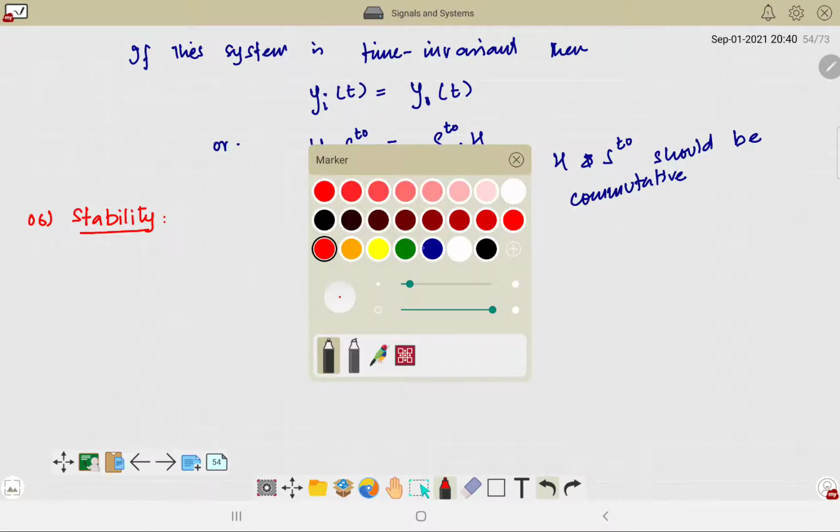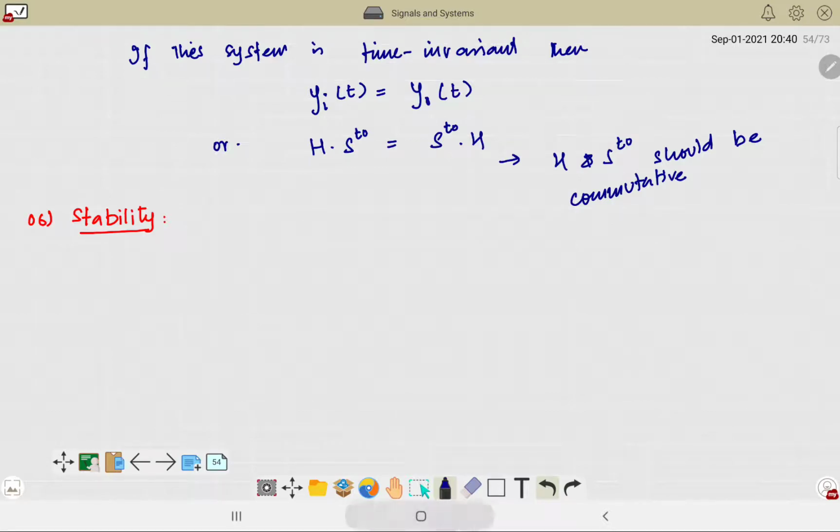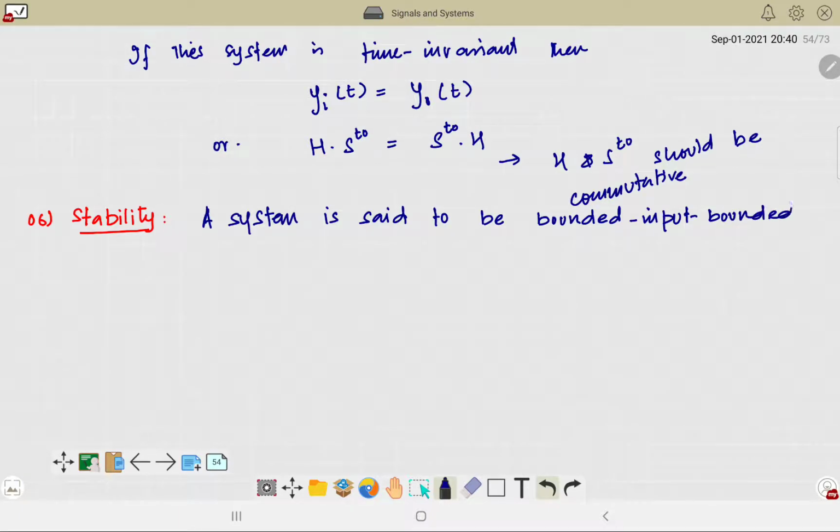So the way we define stability here is that a system is said to be, we use a particular kind of stability criterion here, bounded input, bounded output.